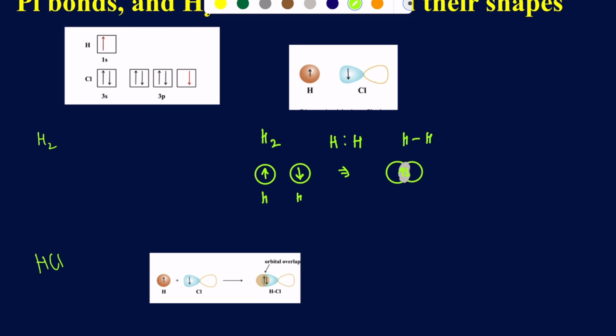Now, if you go back and look at the Lewis-Strauss structure of HCl, we typically ask, how many valence electrons do I have? I have 8 valence electrons, and we say we're going to make one bond between the two atoms, and then I want to make sure the octets are completed.